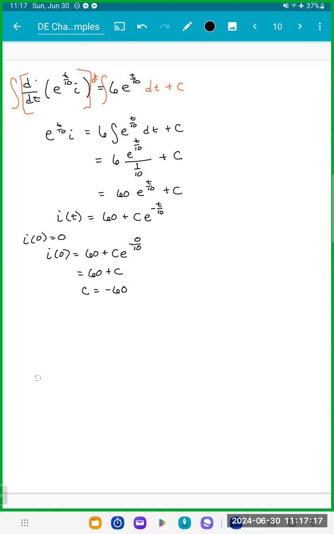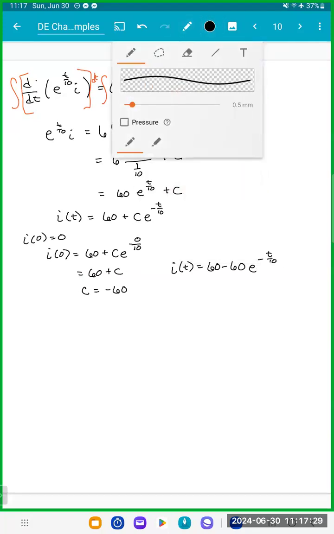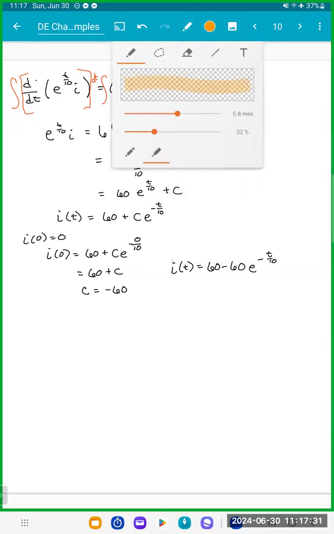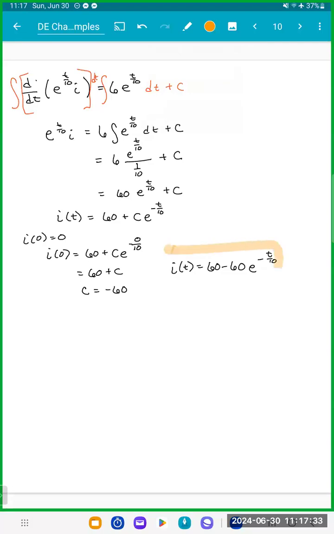So the first thing here is we get I of t equals 60 minus 60 e to the negative t over 10 for that interval from 0 to 20. So this is the first thing that we are looking to solve for here.